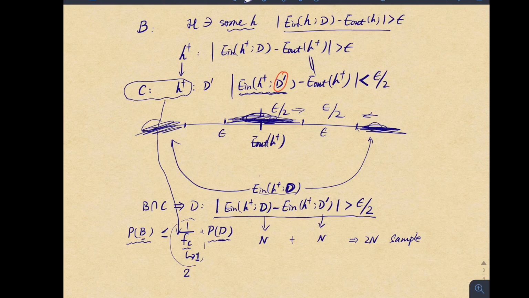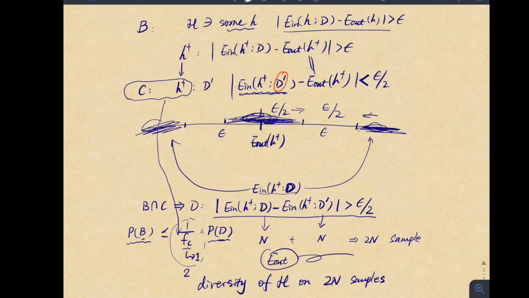What have we achieved? Did we make the problem simpler? Yes, indeed we did, because the event D doesn't depend on the unknown E out, for which the diversity of the hypothesis set on the entire data space is very difficult to gauge.